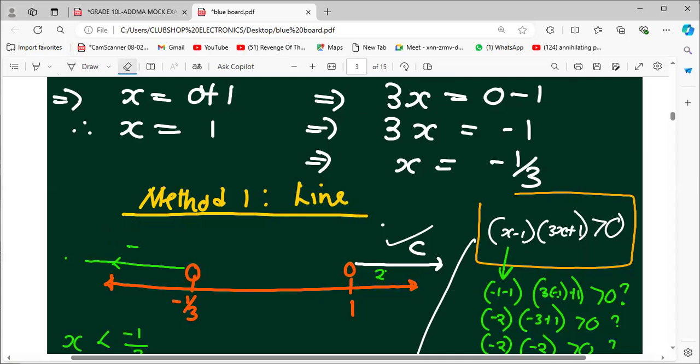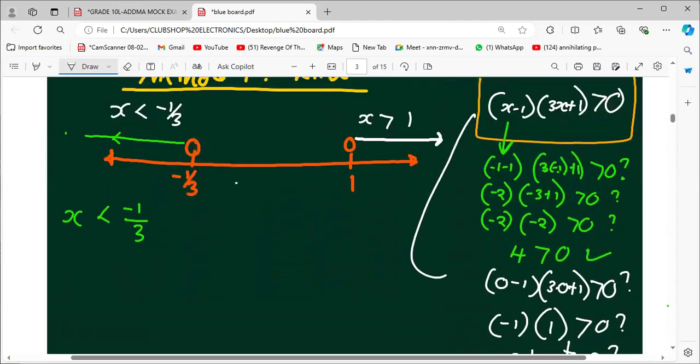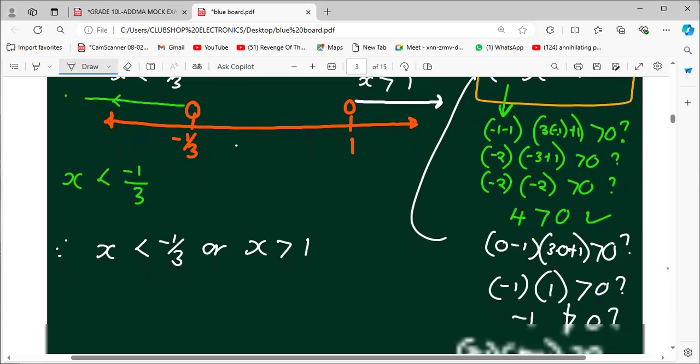This is our solution. Since we are going to the right, x must be greater than 1. And x is less than -1/3 on the other side. Okay, that is the solution. You can say, therefore, x is less than negative 1 over 3 or greater than 1 will satisfy.